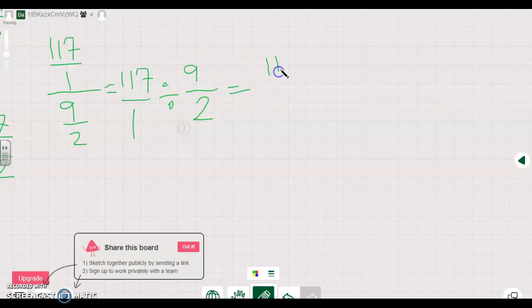I'm going to leave the first fraction alone, then change the sign to the opposite operation, and flip the last fraction. Now all we have to do is multiply straight across, because we can do that when we're multiplying fractions.